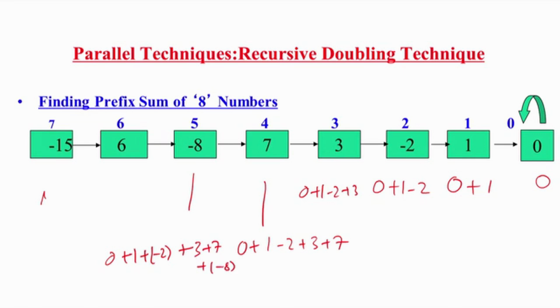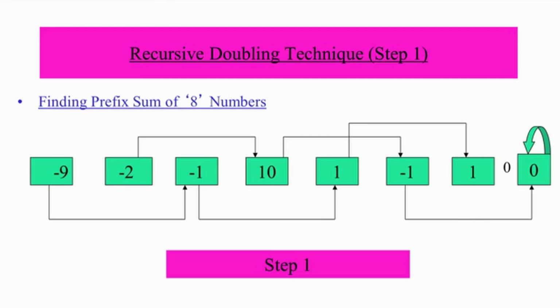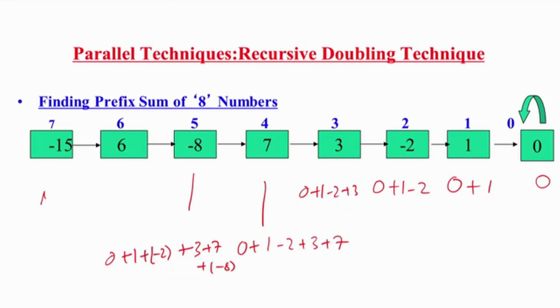This is called prefix sum. So at the end this will have 0, this will have 1, this will have minus 1, this will have 2, this will have 9, this will have 1, this will have 7, and this will have 7 minus 15, or vice versa.